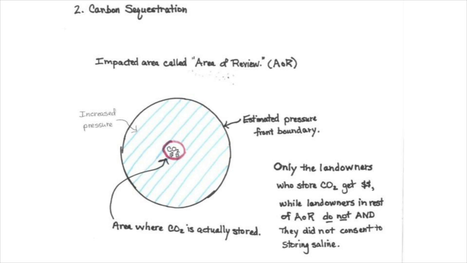So only the landowners who store CO2 in this little circle in the middle where the plume of CO2 spreads to, only those landowners get compensation, basically. While the landowners in the rest of that AOR do not get compensated, and they do not have to consent for them to store saline under their property.